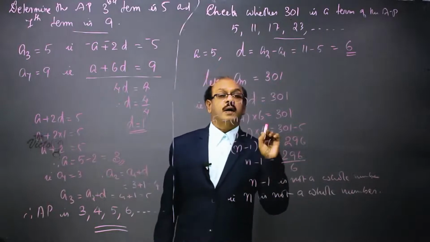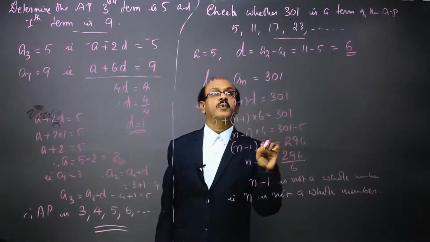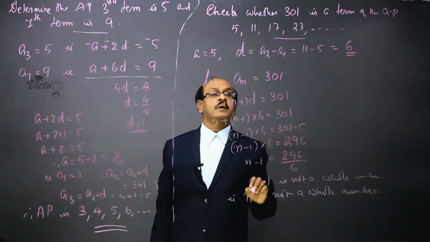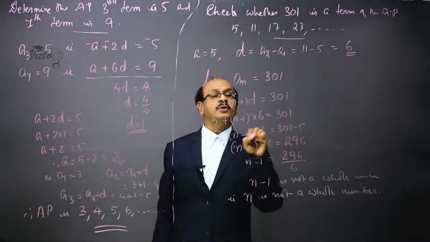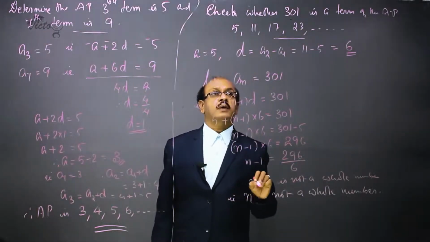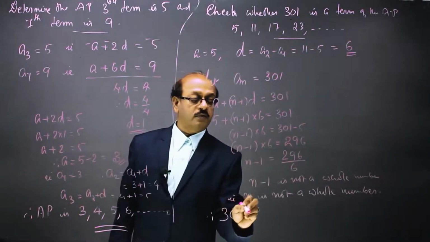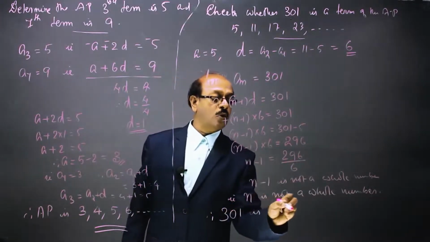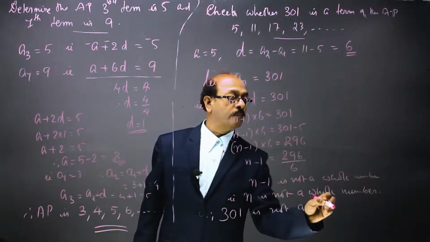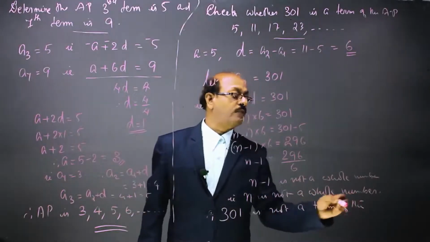That means 301 is not a term of the given arithmetic progression. 301 does not belong to the given series of numbers 5, 11, 17, 23, etc. Therefore, 301 is not a term of the given AP.